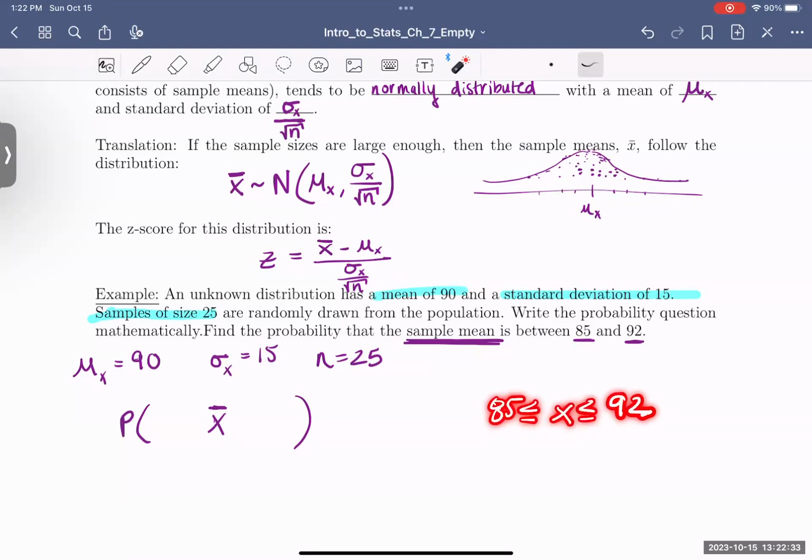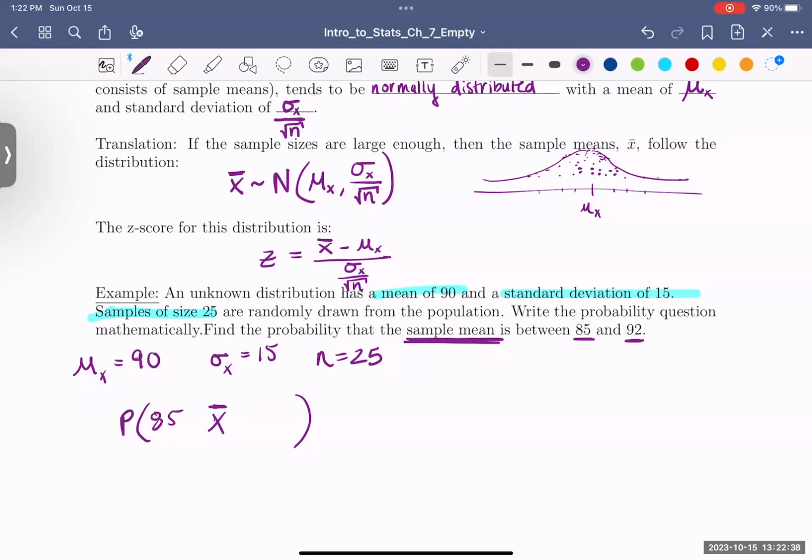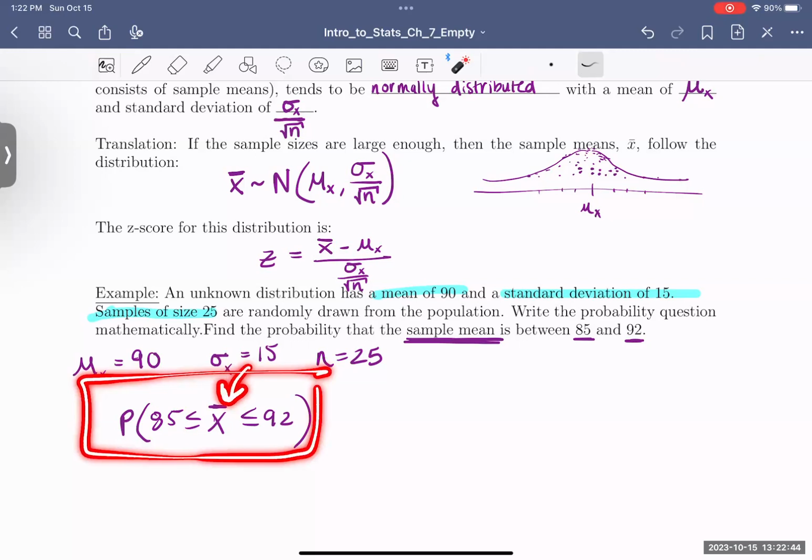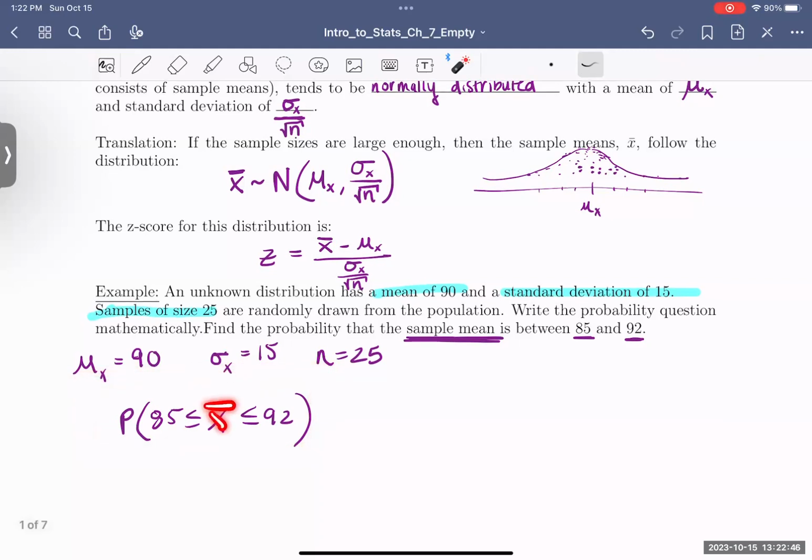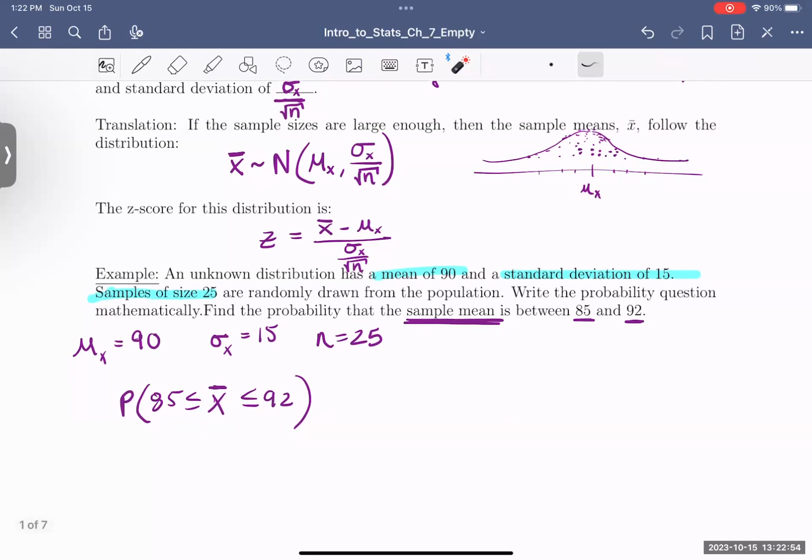But now we're talking about the sample mean being between 85 and 92. You need to make sure you are writing the correct version of X. The sample mean is X bar. So we put that in there. There's our probability statement. Now we're going to use our calculator to actually find this.